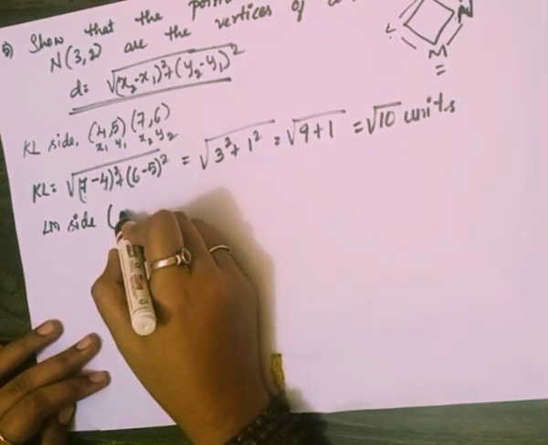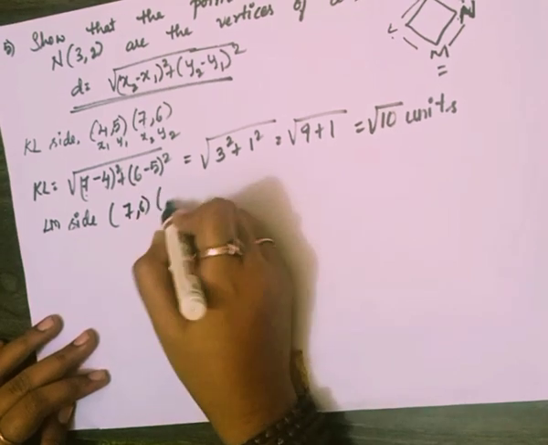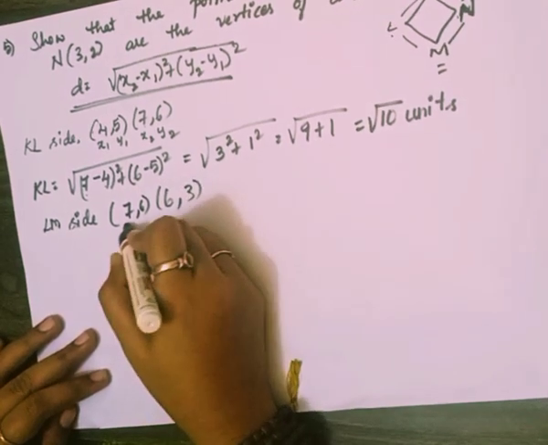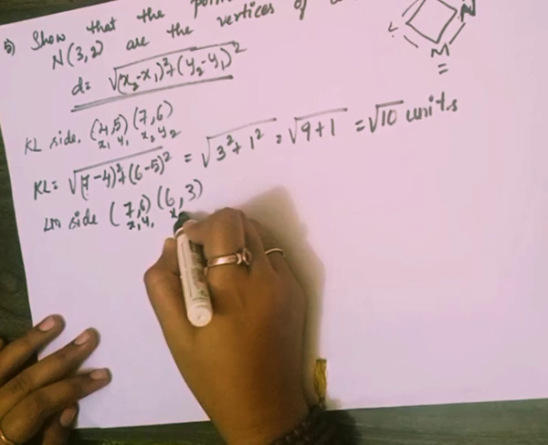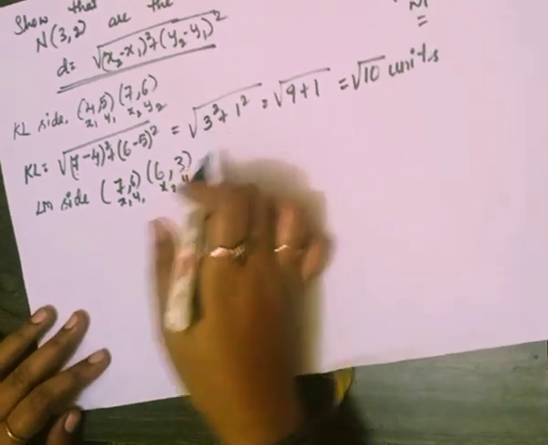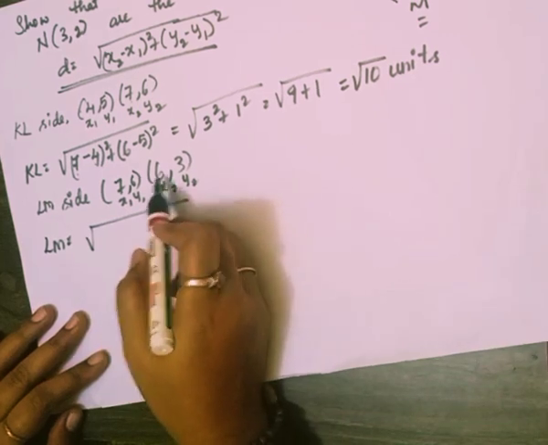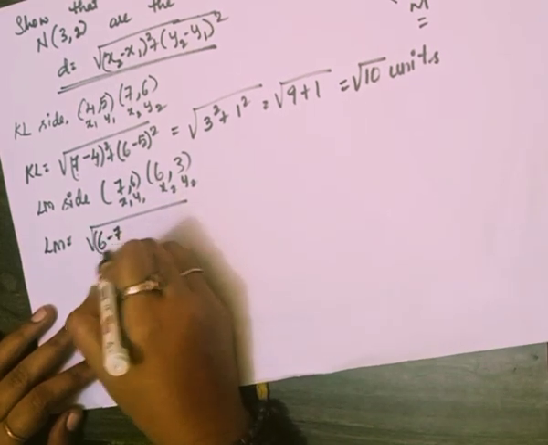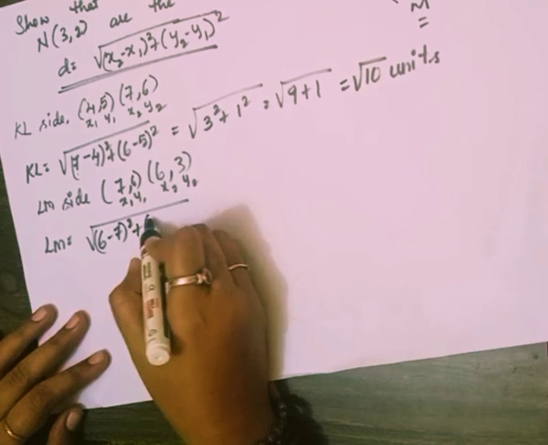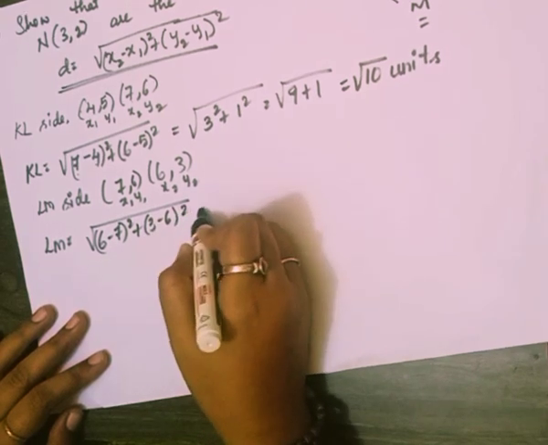What's the L value we have? 7 comma 6. M value 6 comma 3. This is x1 y1, x2 y2. I'll substitute the values. I'll get LM is equal to square root of, what is our x2 value? 6 minus 7 whole square plus 3 minus 6 whole square.